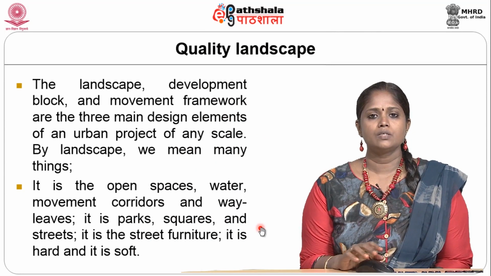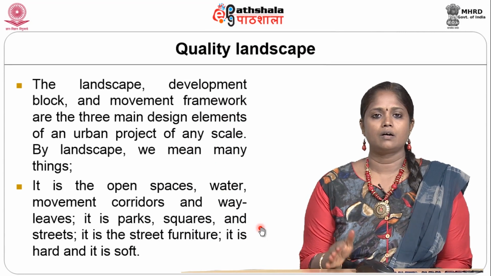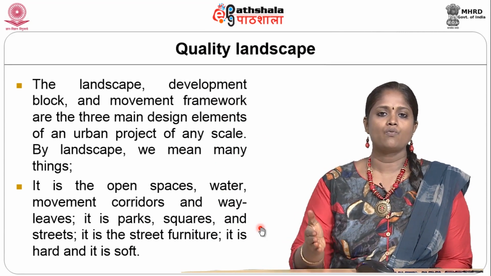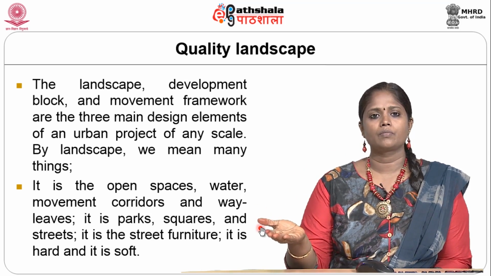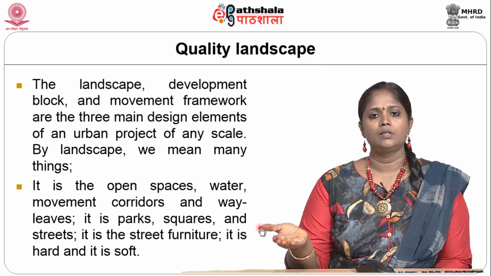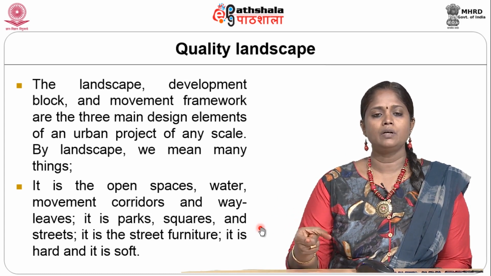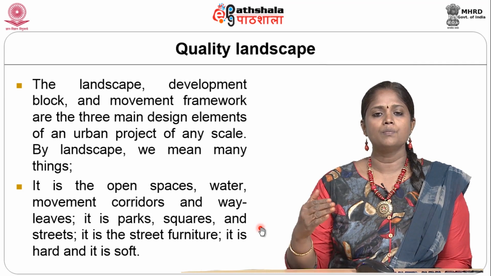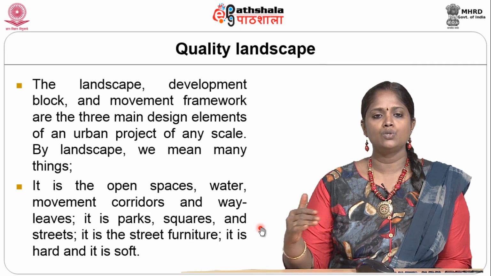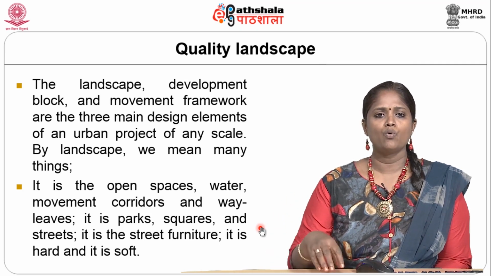The next is, we have seen so far the typologies and how we have to give hierarchy to the types of open spaces. Now, how do we achieve a quality landscape? Here, quality lies with the development of the urban area and the urban fabric in terms of development block, stage-wise development block, a movement framework and a landscape.